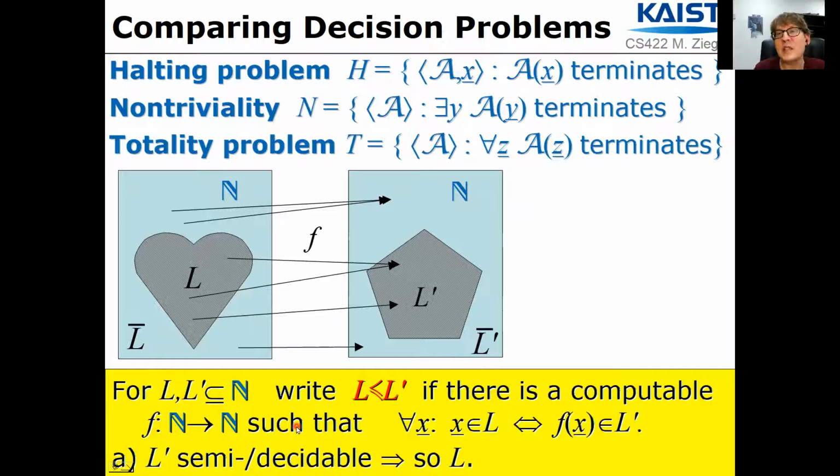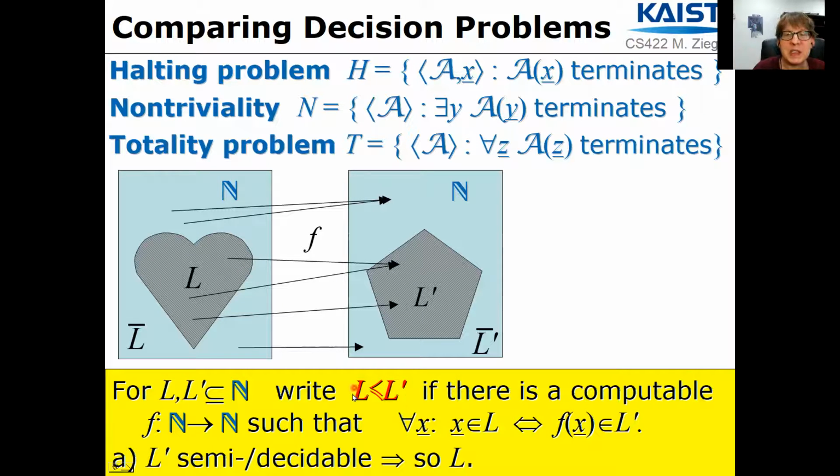And I leave it to you as a very recommended exercise to repeat the same proof for semi-decidability. So this justifies this notion, namely if L prime is decidable, then also L is decidable. So in a sense, L cannot be more difficult than L prime.